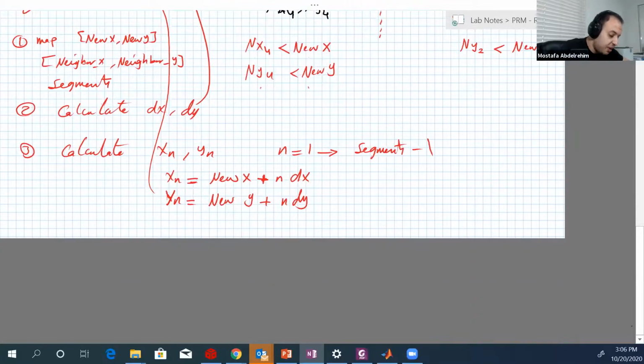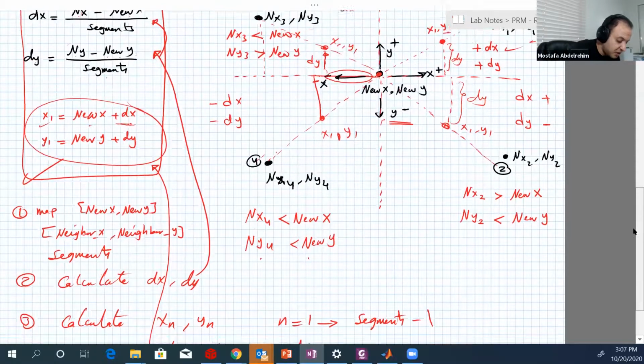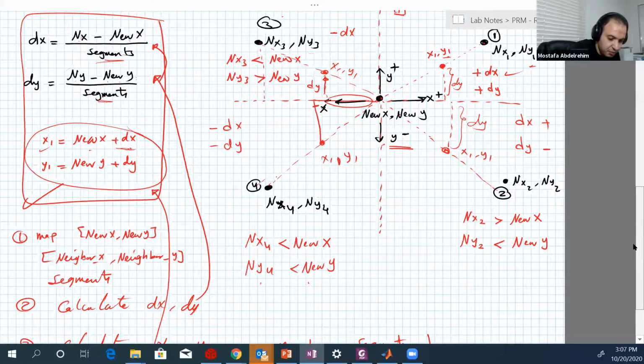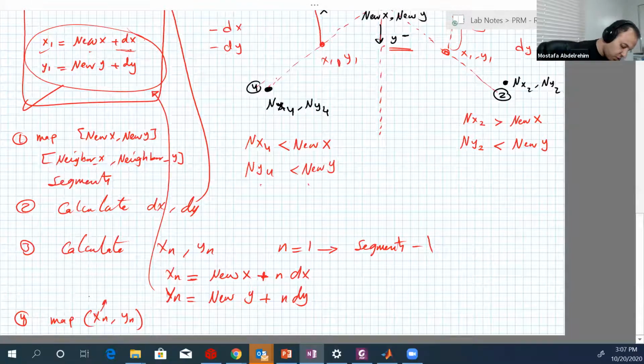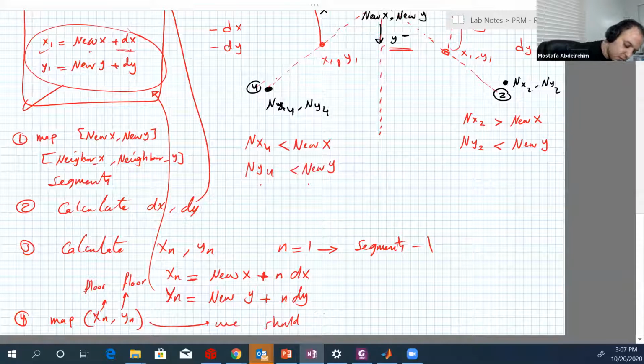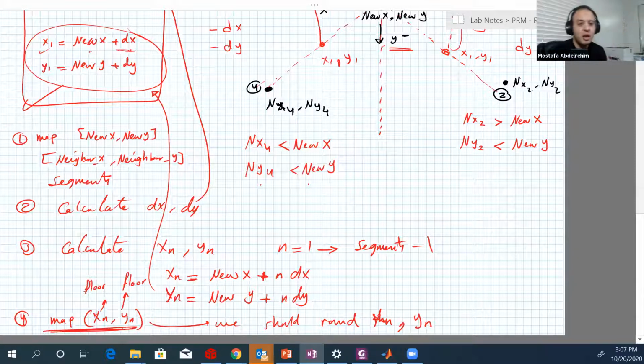One important step here after calculating xn and yn, you should check if there is an obstacle there or not. So the check is something like map of xn, yn. But here is a caveat, because you have a division, so you have decimal numbers. So you should take a floor or round of both xn and yn before checking in that check.